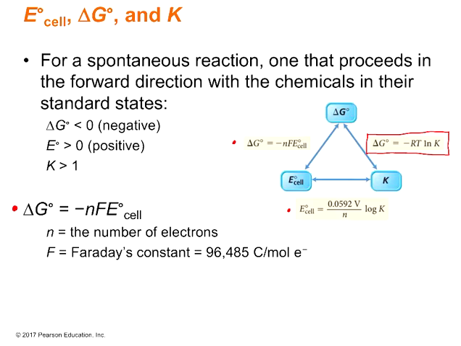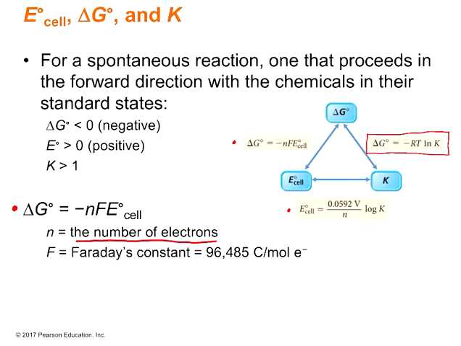In this equation, N is the number of electrons transferred in a redox reaction. This is why it's really important to know how to balance half reactions, because you need to have the same number of electrons transferred from one half reaction to another, and then we can use that number of electrons in our calculation.